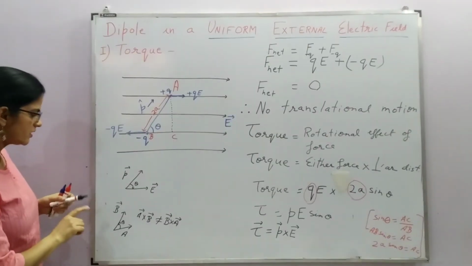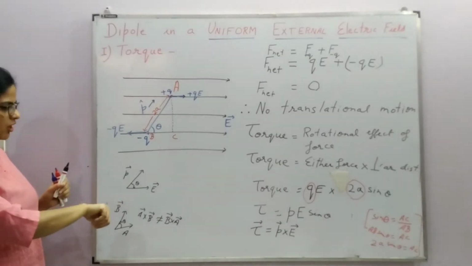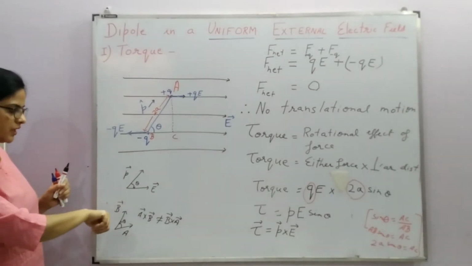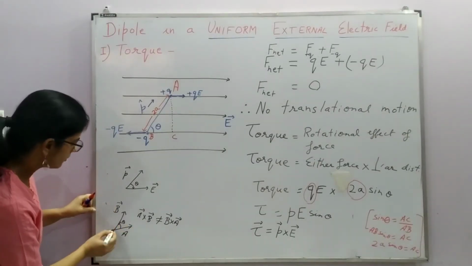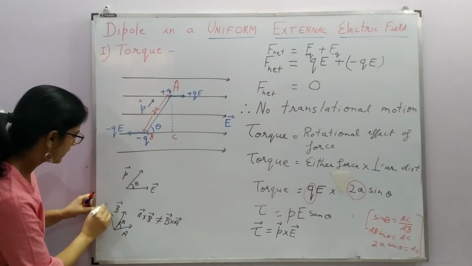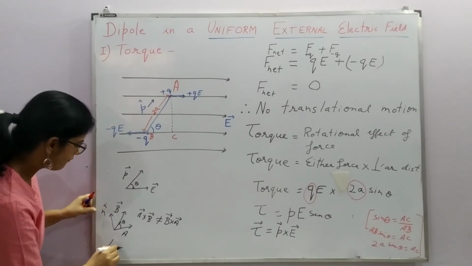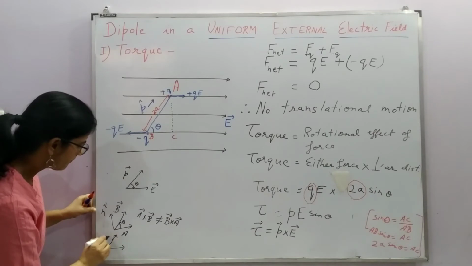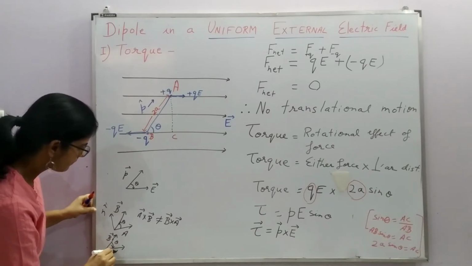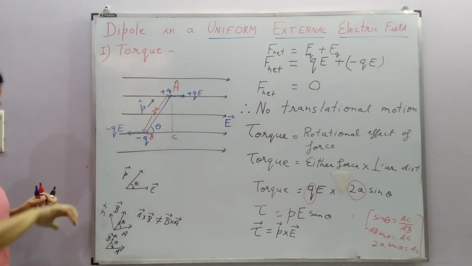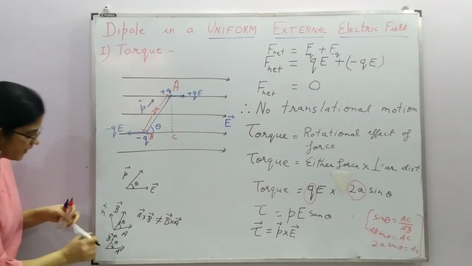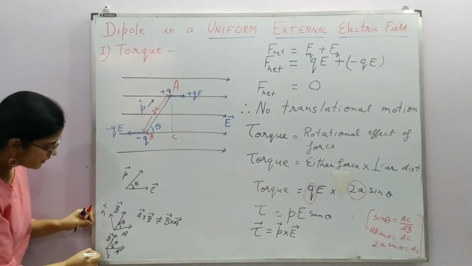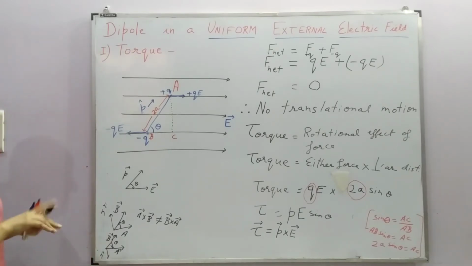So in case we write B cross A, the normal vector will be normally inward. So in case of A cross B, the normal vector is n cap, and in case of B cross A, if you look at this, the normal vector is B to A. So normal vector will be normally inward to the plane.